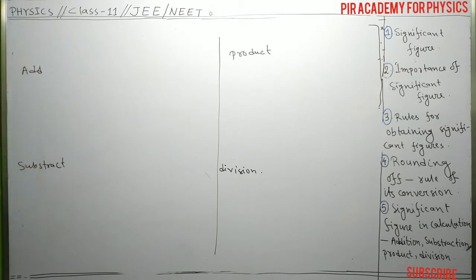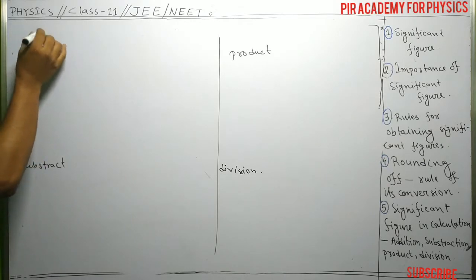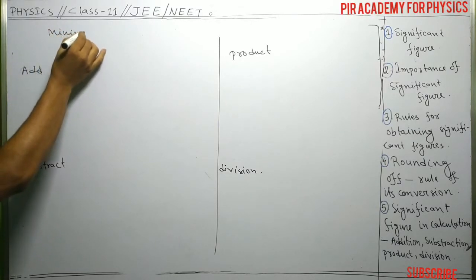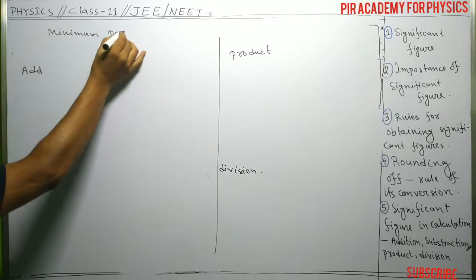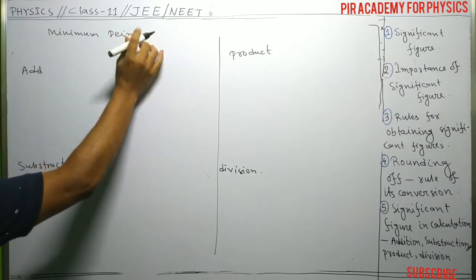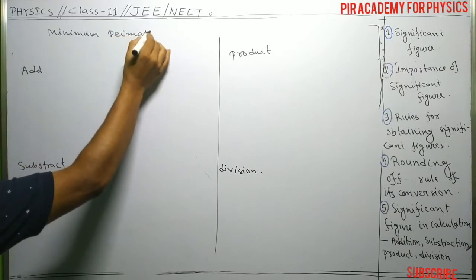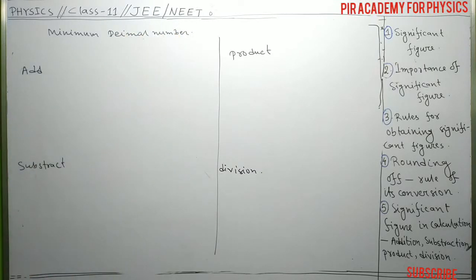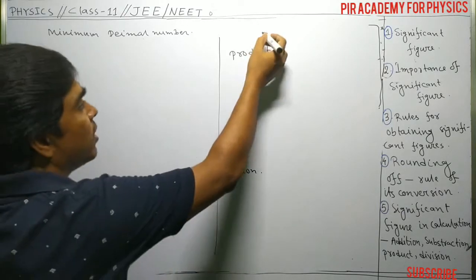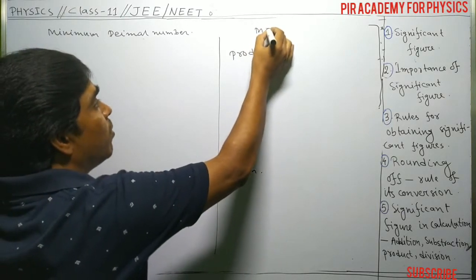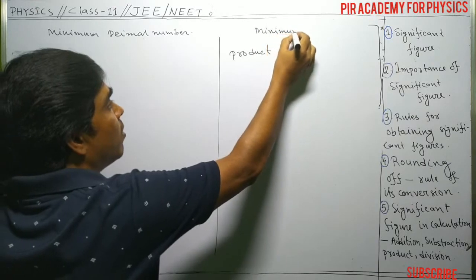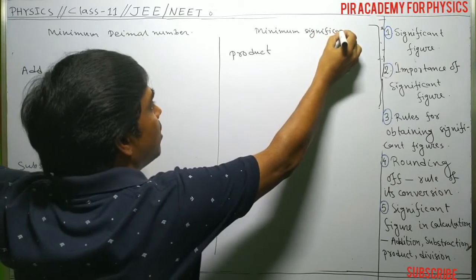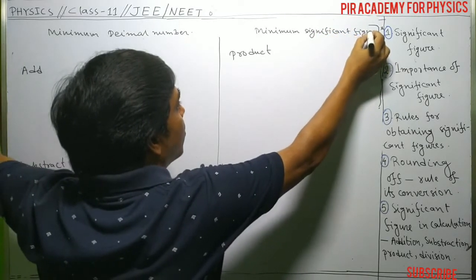For addition and subtraction, you have to know the minimum decimal number. You have to mind it, the minimum decimal number. And for product or division, it must be the minimum significant figure.